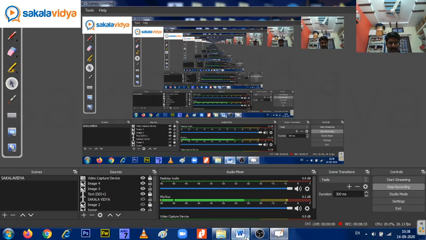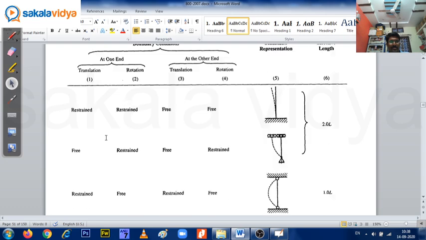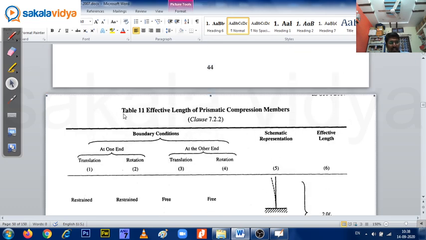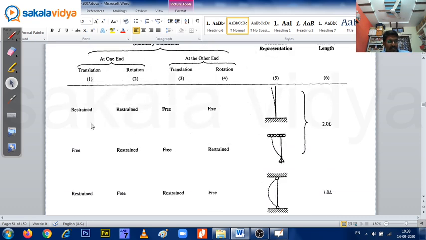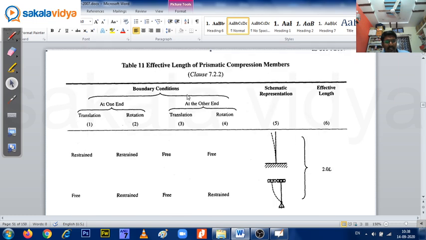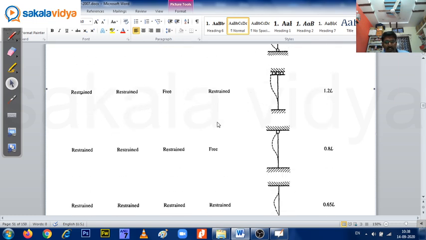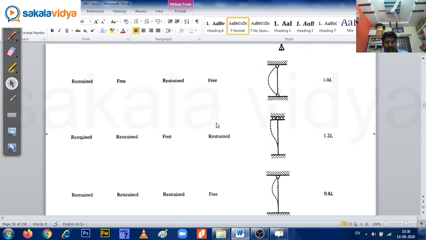So for that, we have to refer to table number 11, effective length of prismatic compression members. In the boundary condition, at one end translation is given, at the other end rotation is also given. Translation is restrained and rotation is free. So then you have to multiply 1 with the given length.